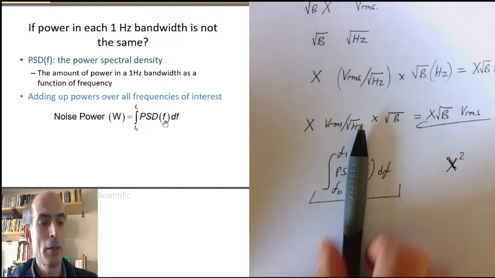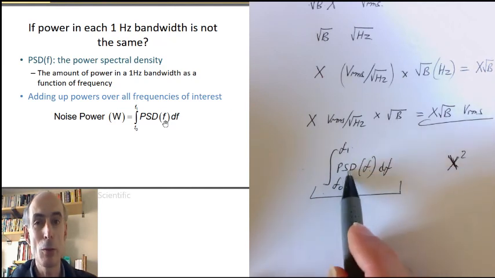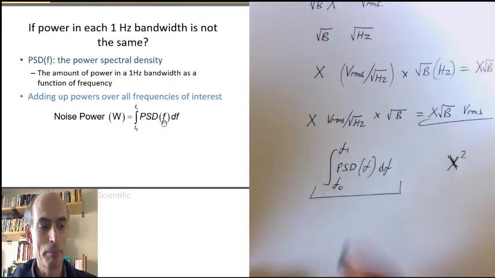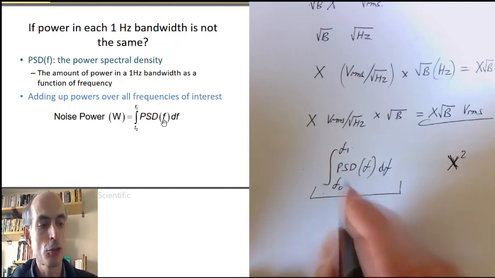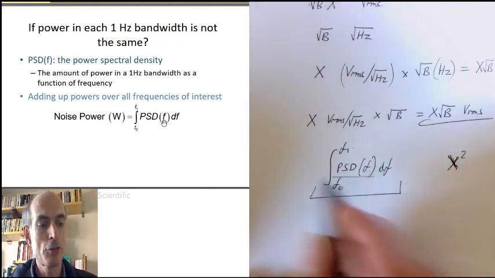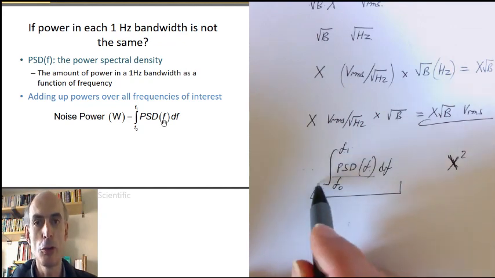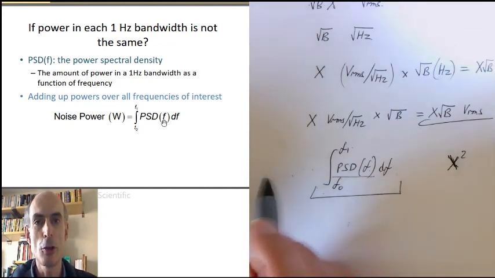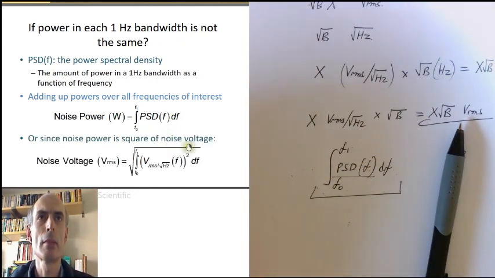We can get it from the power spectral density, since the power spectral density, the amount of power in 1 hertz bandwidth, is just the square of the noise voltage spectral density. So I would take the noise voltage spectral density, square it to get this. This gives me my total noise power. If I took the square root of my total noise power, I would get the total noise voltage, the total RMS noise voltage. I'd have to write something like this.